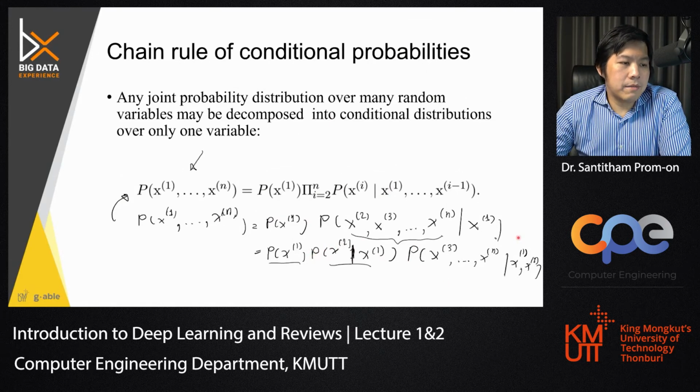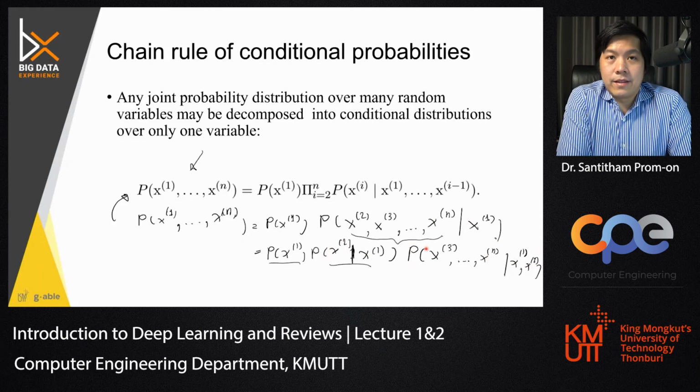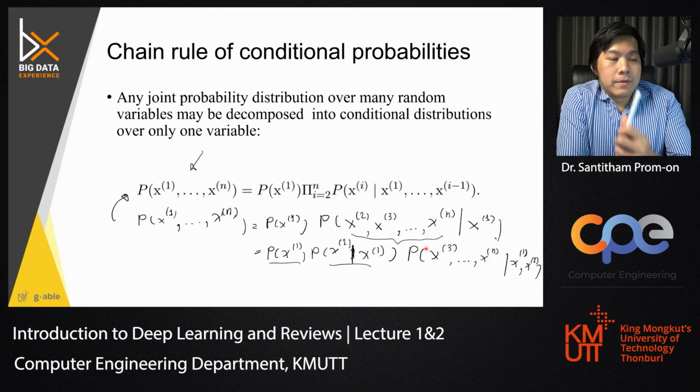If you take another prior out, you get P of x2 given x1, and then the conditional probability of x3 to xn given x1 and x2. So these are the basis of Bayesian theory and Bayesian network.